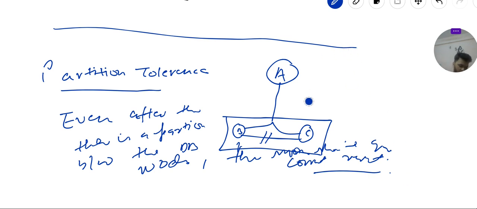Now let's see what are the possible conditions. We already discussed that any two of those things are possible, and all three are not possible. So let's see how this happens.